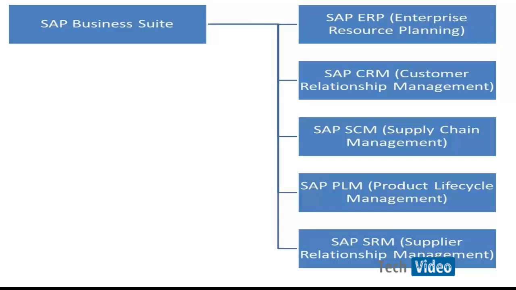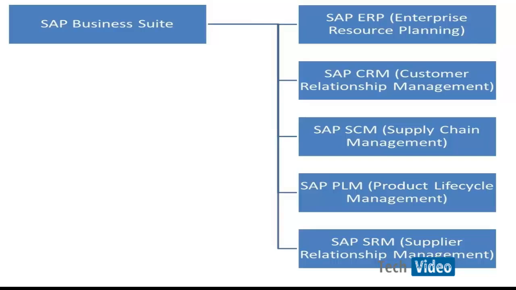It basically consists of the following SAP solutions: SAP ERP, which is Enterprise Resource Planning software, SAP CRM, which stands for Customer Relationship Management, SAP SCM, which is Supply Chain Management, SAP PLM, which stands for Product Lifecycle Management, and SAP SRM, which stands for Supplier Relationship Management. All of these run on the SAP NetWeaver platform, which is the basis for running all these products.